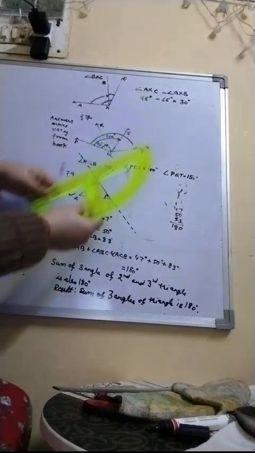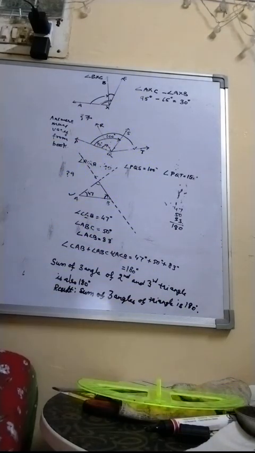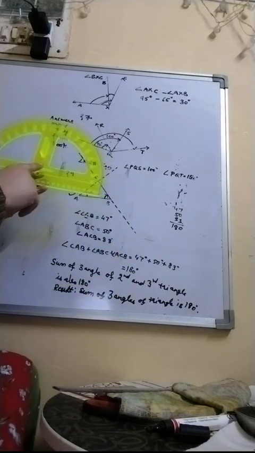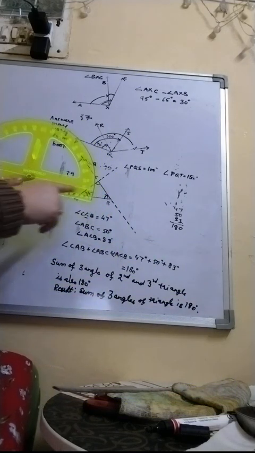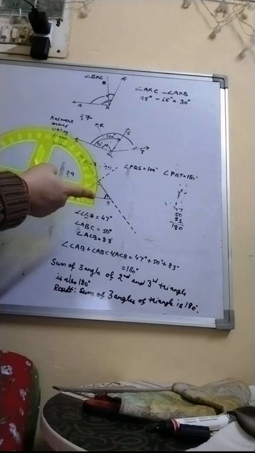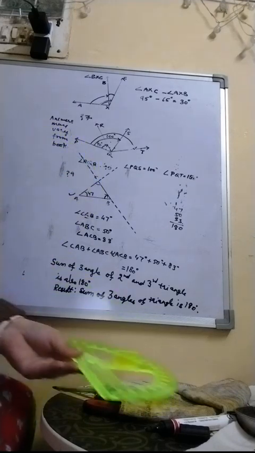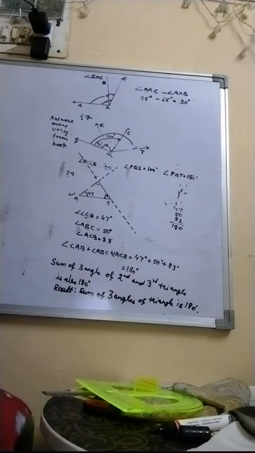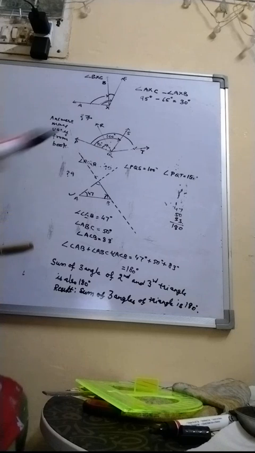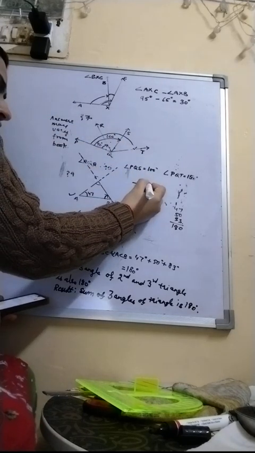So basically what they are saying is that you have to align it with the line of the protractor and start the reading from 0. For one or two classes I have been repeatedly telling you that you have to start with the 0 reading and you have to align the ray in the direction in which it is.